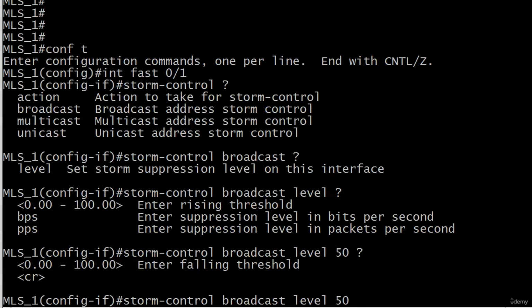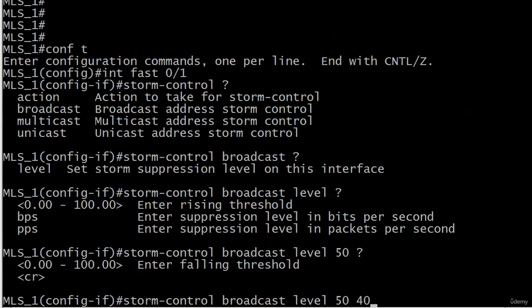So what is that falling threshold if I only set one threshold? Well, it will also be the rising threshold. Your rising and falling thresholds are the same value. So what storm-control broadcast level 50 means is that when over 50% of my available bandwidth is taken up by broadcast, action will be taken, and when that level of broadcast falls below 50% of available bandwidth, then the action is no longer taken.